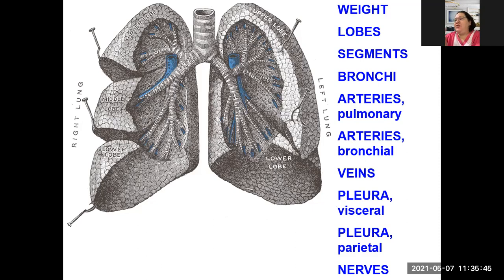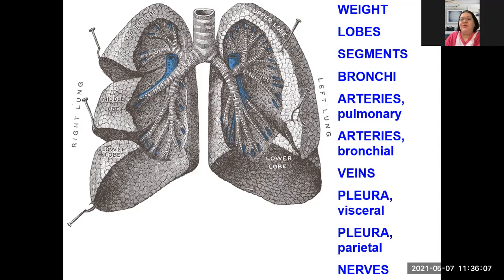And then usually the bronchi, as it subdivides, it will be accompanied by your bronchial arteries and then your veins. And then there's also your visceral pleura and your parietal pleura.